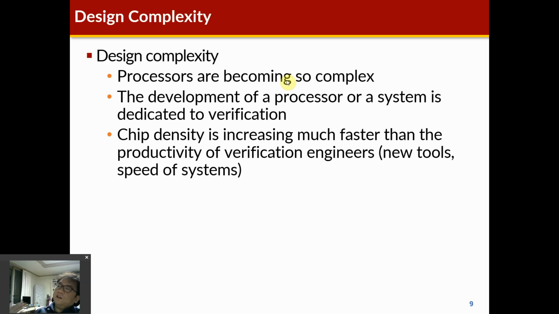Design complexity is a very critical issue of modern integrated circuit design, IC design. It is due to Moore's law. Moore's law is just an empirical law that observed a trend of the number of transistors on the same chip area.